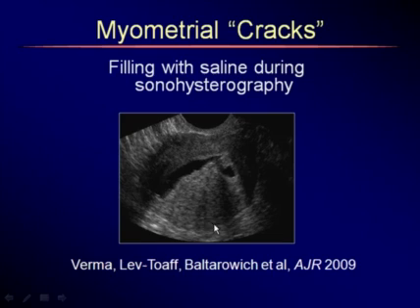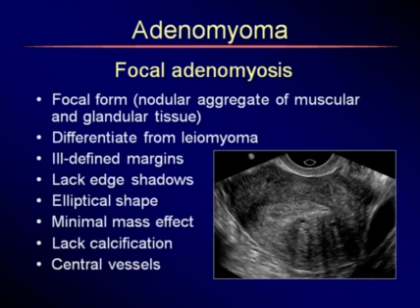Also notice there are other changes of adenomyosis: thickened wall, shadowing from thin shadows emanating from the myometrium. The focal form of adenomyosis is an adenomyoma, which is this nodular aggregate of abnormality of adenomyosis.